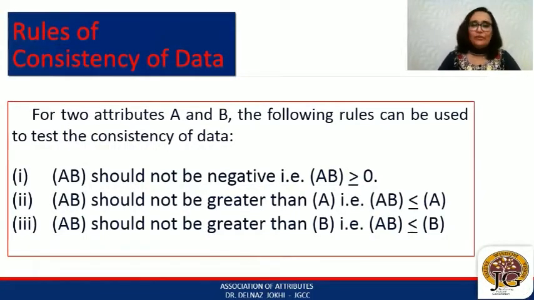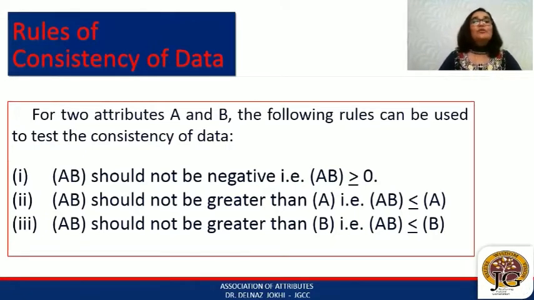Now, I've told you that you have to do the rules of consistency of data. Let's quickly look at the rules. स्टार्टिंग में आपको थोड़ा कंफ्यूजन लगेगा, बट डोंट वरी. इसके बाद एज यूजुअल हम इलस्ट्रेशन लेंगे और इलस्ट्रेशन से थियोरी ज्यादा अच्छे से आपको समझ में आएगी. So if two attributes A and B are there with you, honest, dishonest, वो वाला. ठीक है.